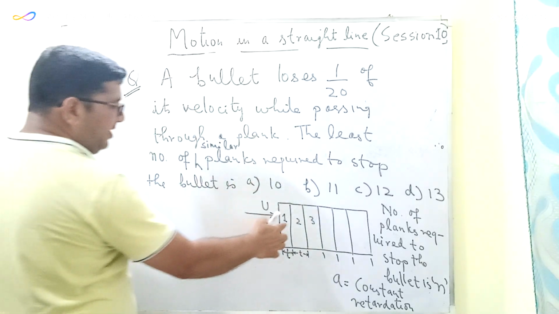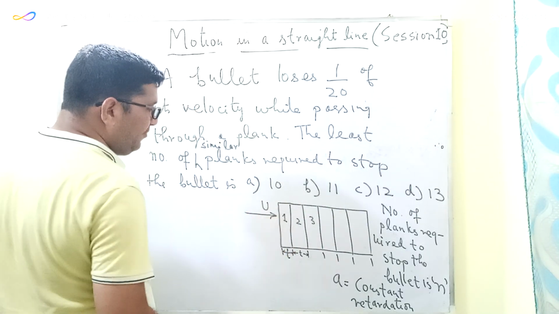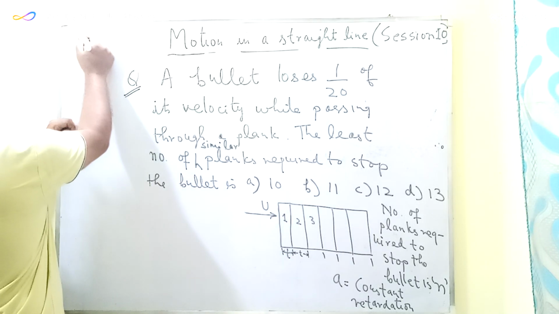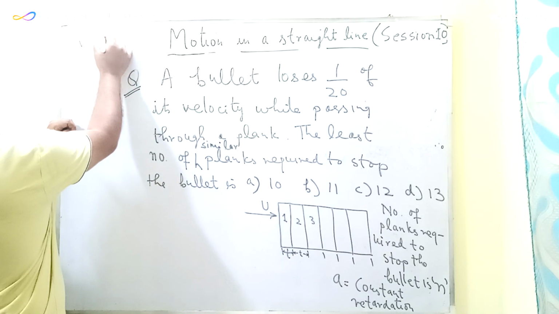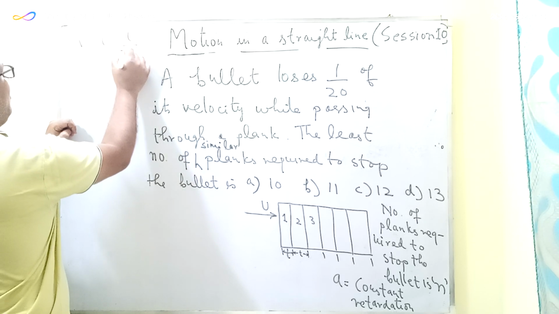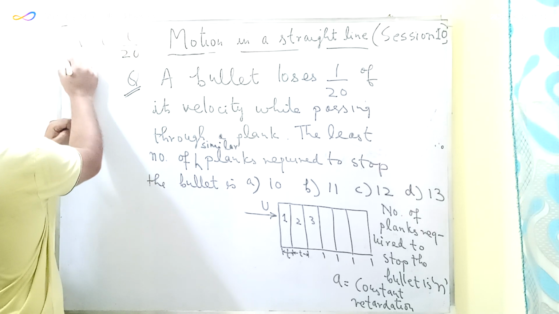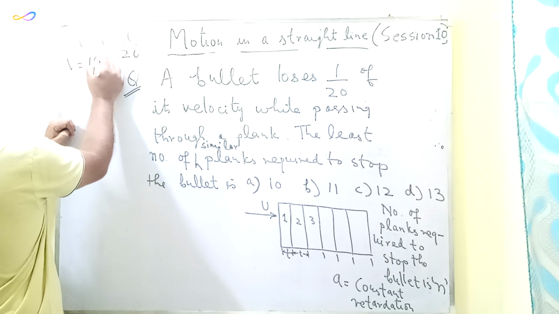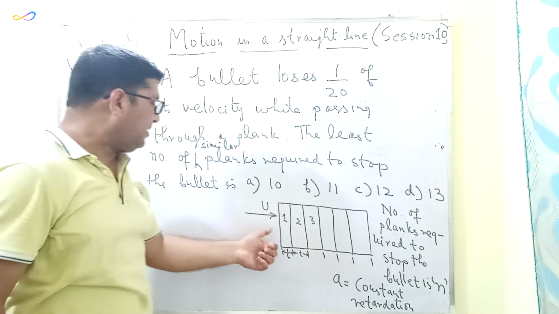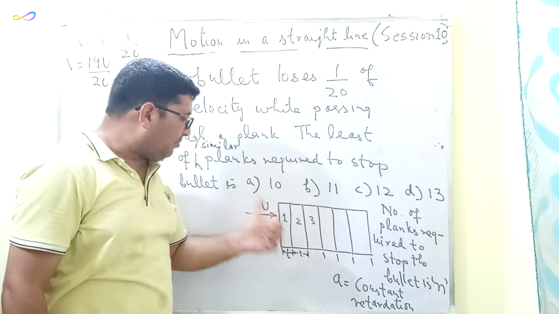So the velocity after it leaves plank number 1 will be v equal to u minus 1 by 20 of u, which is equal to 19u by 20. This is the velocity of the bullet when it leaves plank number 1.